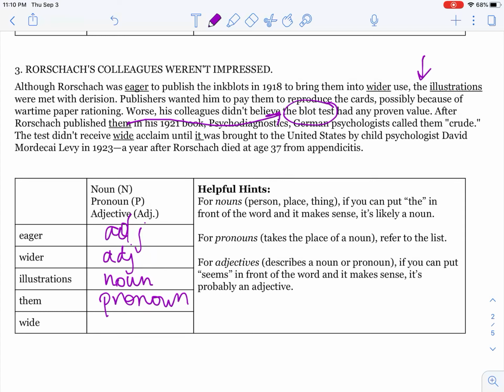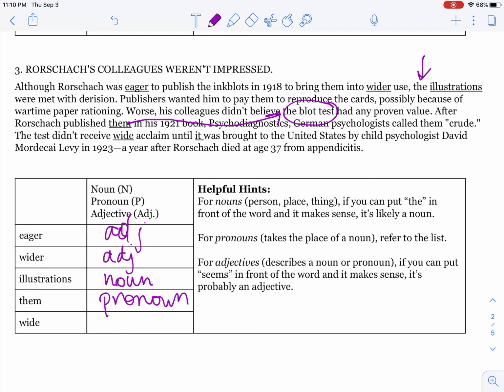Okay. Wide. So it says the test didn't receive wide acclaim. Acclaim means people didn't like it. They weren't applauding it as a book. The test didn't receive wide acclaim until it was brought to the United States by child psychologist David Mordecai Levy in 1923, a year after Rorschach died at age 37 from appendicitis. That's a bummer. Okay, wide.